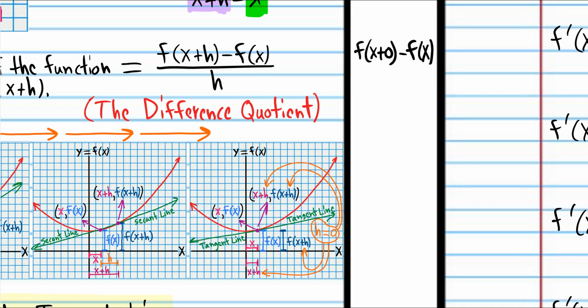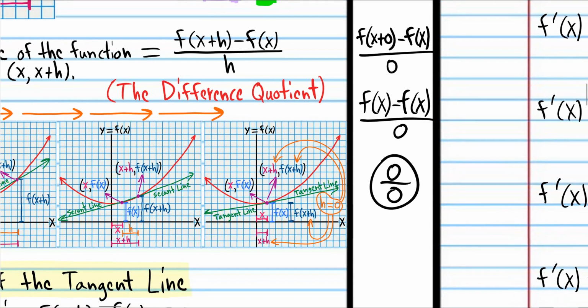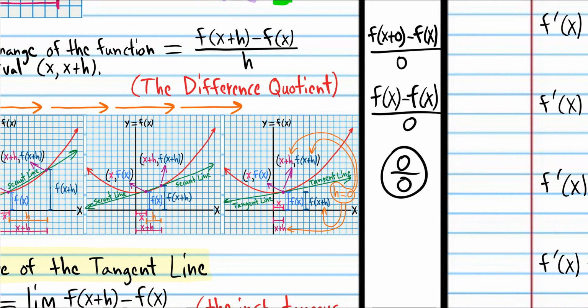Again, we're letting h be 0. So now we have f of x minus f of x over 0, which is 0 divided by 0. So if we let those 2 points meet, the slope of the secant line now becomes 0 divided by 0. And 0 divided by 0 has no meaning.